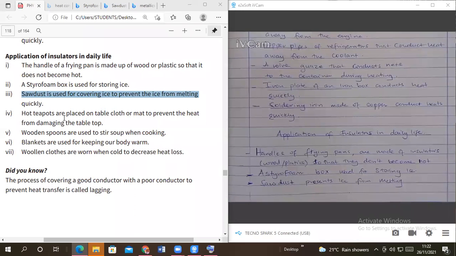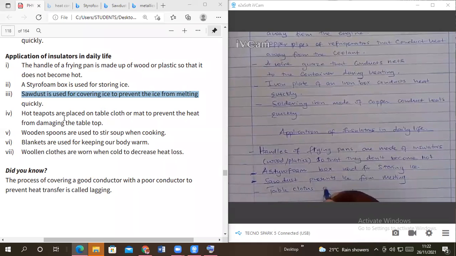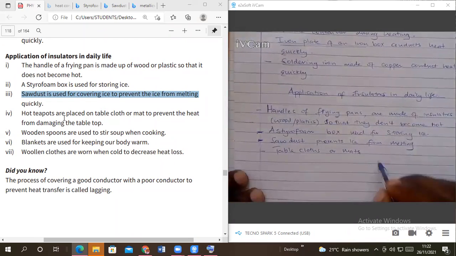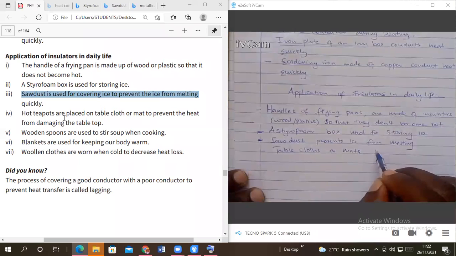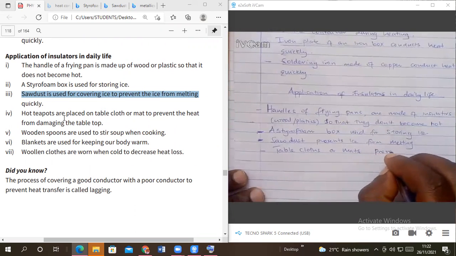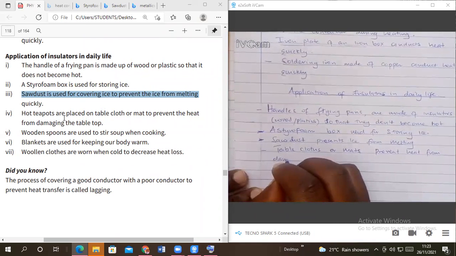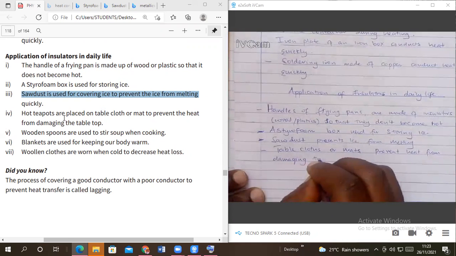Hot teapots are placed on the tablecloth or mat to prevent heat from damaging the table. So we can say tablecloths or mats placed on tablecloths or mats prevent heat from damaging the table.